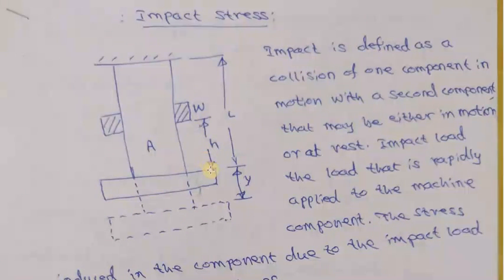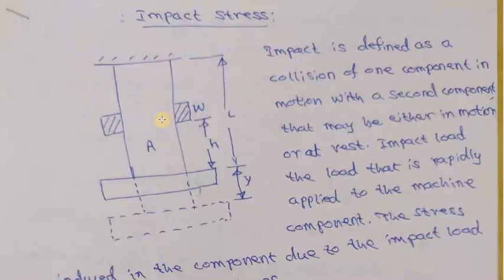Potential energy is nothing but the load into the total distance traveled. The total distance traveled is h plus y. So the potential energy lost by the falling weight is W into (h plus y).